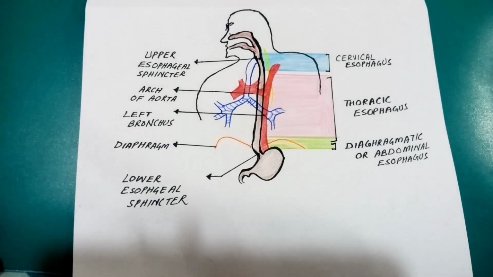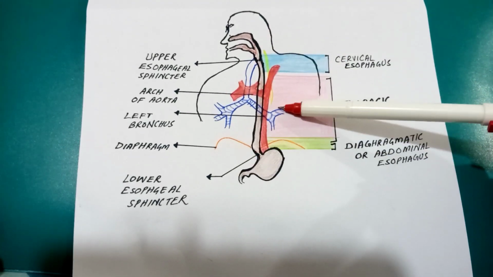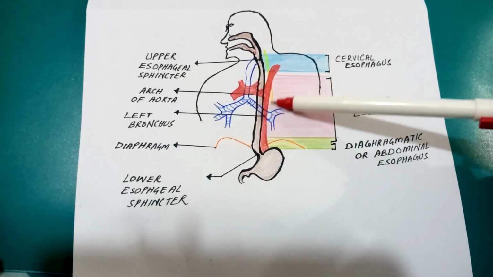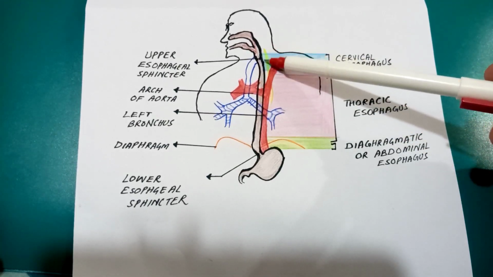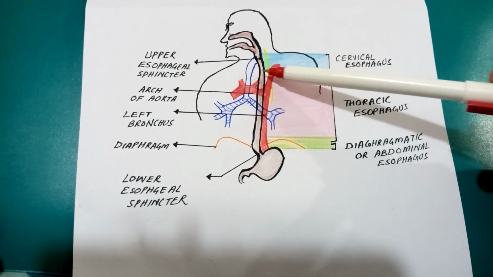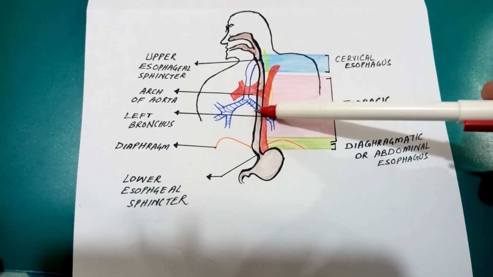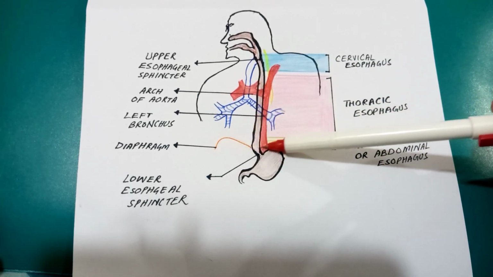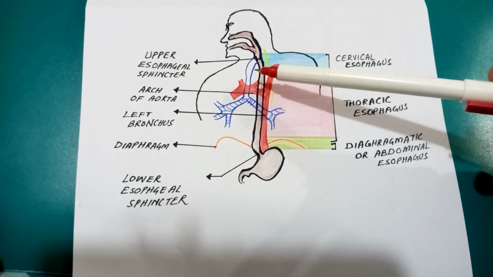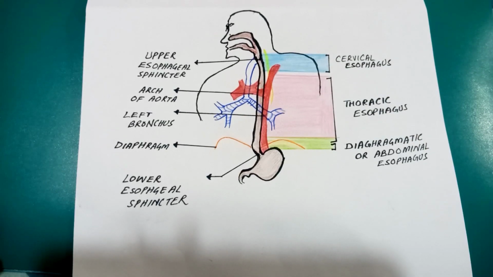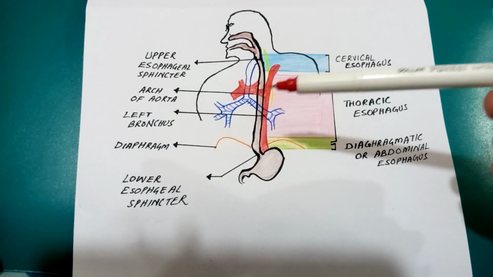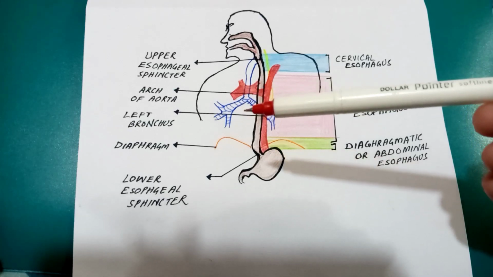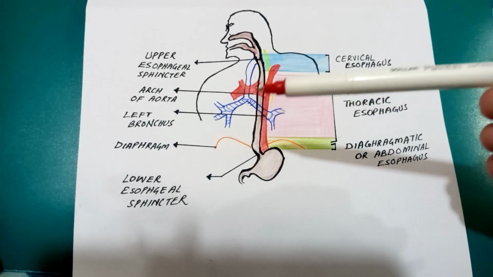If we talk about the overall nerve supply of the esophagus, the parasympathetic supply of the upper esophagus is from the left recurrent laryngeal nerve, while the lower esophagus is supplied by the right and left vagus nerve.